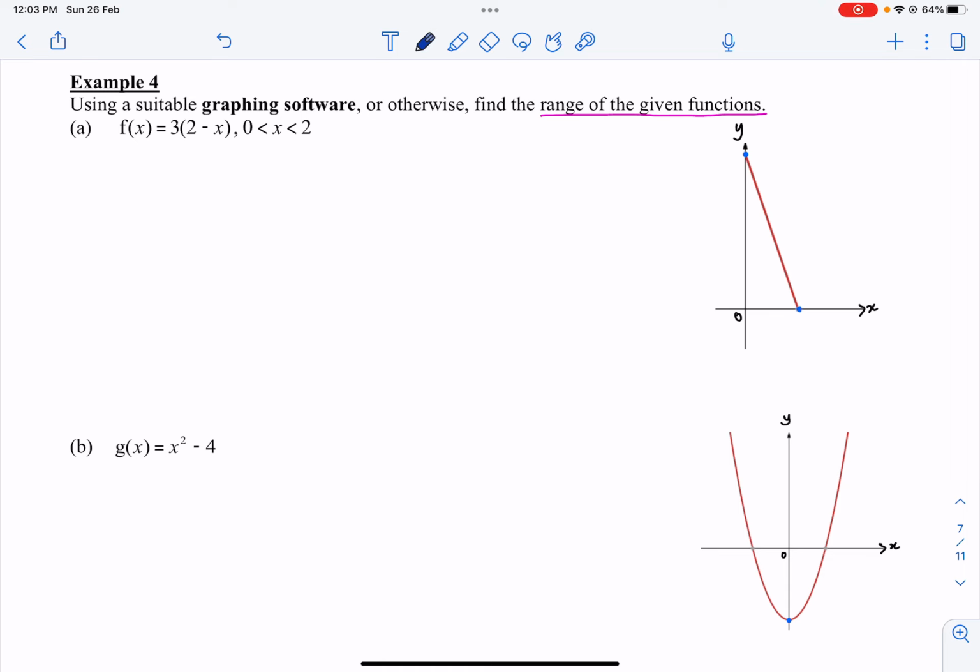Similar to example 3, you use the substitution method to find the value of y when x equals 0 and when x equals 2, because the function given here is linear and it has no turning points.